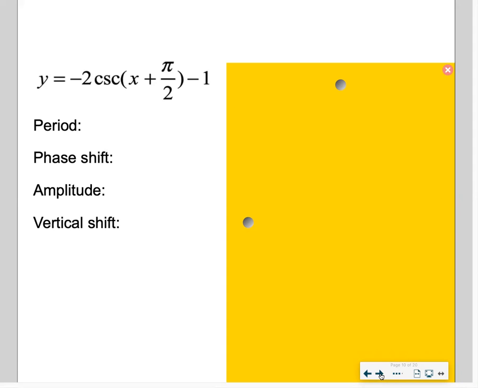This one you're going to want to think sine. Sine's the opposite of cosecant.